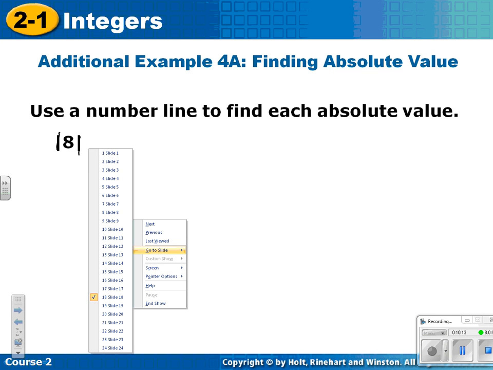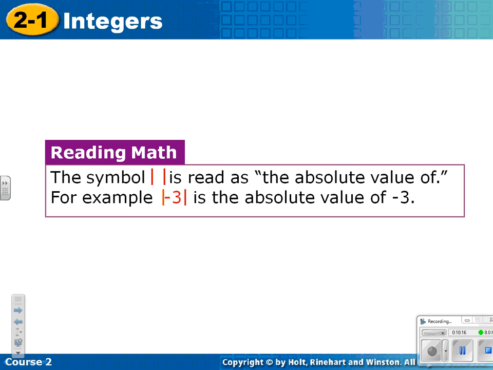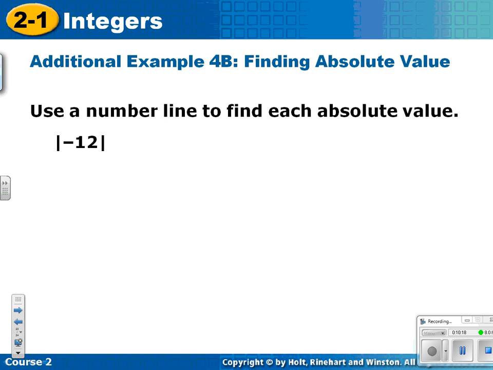No. I know it says, but to find, use a number line to find. You can't use a number line. You can't draw it because absolute value is a number. So what is the absolute value of negative 12? Alexis?